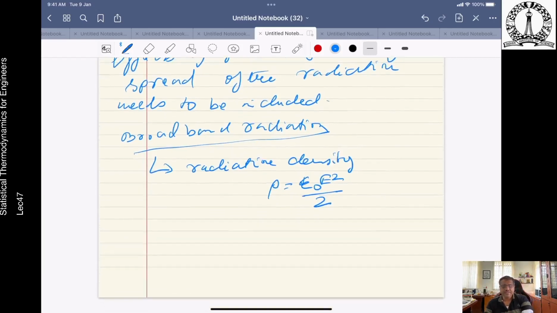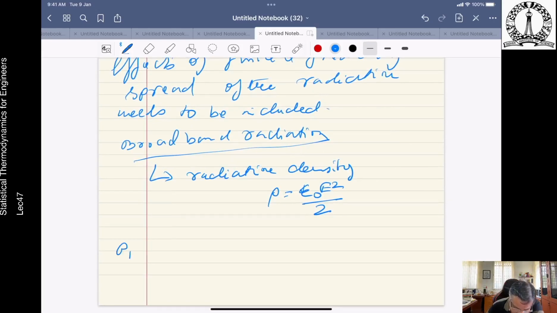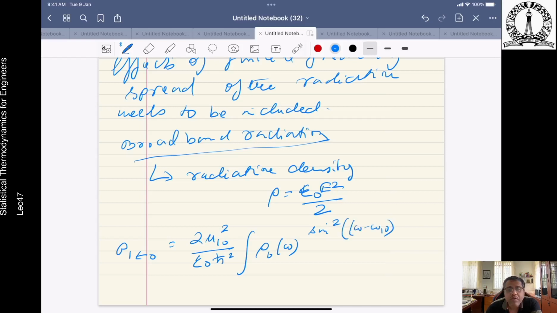The total transition probability therefore will be given as P01 equal to 2 mu 10 square by epsilon h bar square, sine square, integrated over all the frequencies, d omega.